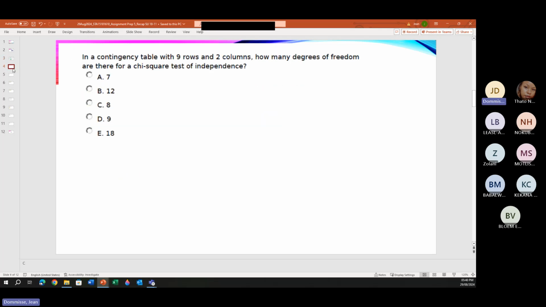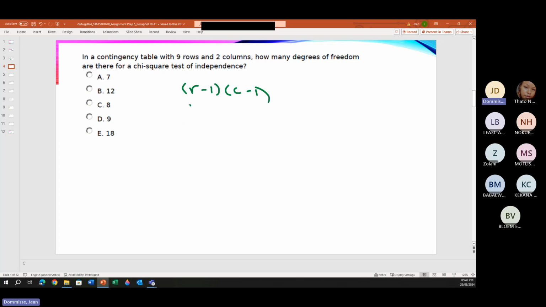Okay, so let's go to the second question. In a contingency table with 9 rows and 2 columns, how many degrees of freedom are there for the chi-squared test? Okay, so we know it's rows minus 1 times columns minus 1.